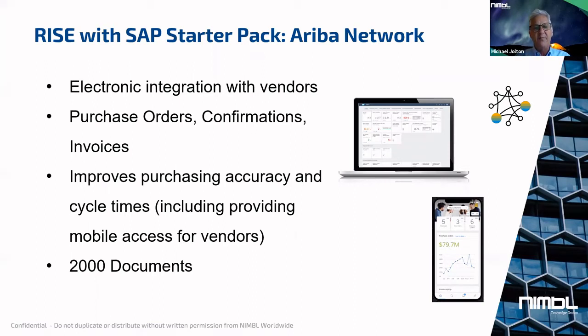So it really only looks, I think, at the major documents in terms of coming up with what that limit is. And as I said, you can obviously add more documents. You can add more Ariba components if you want to go further into automating your procurement experience. So that's the Ariba network that comes with RISE.